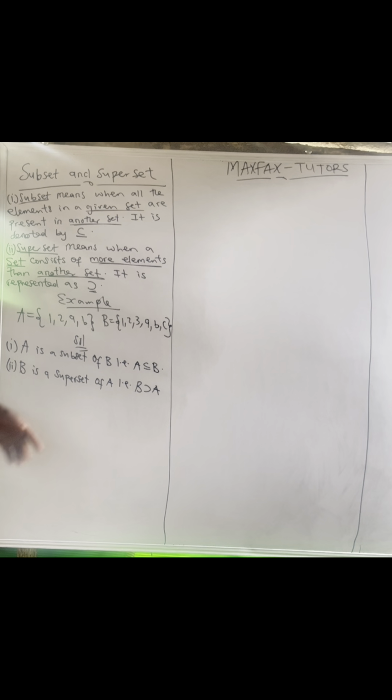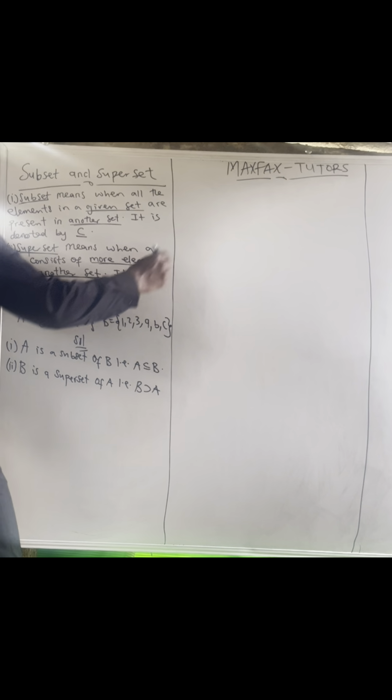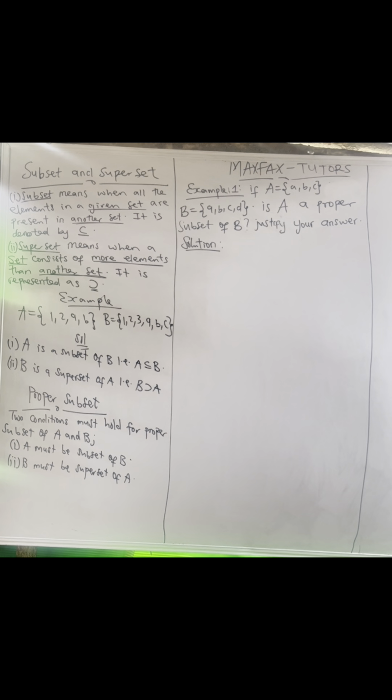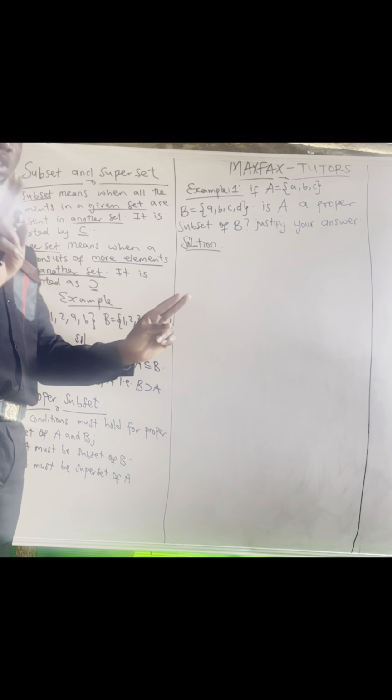That is why B is a superset of A. So, guys, the next one we are going to move on to now is proper subsets. Guys, we're talking about proper subsets. Two conditions must hold.